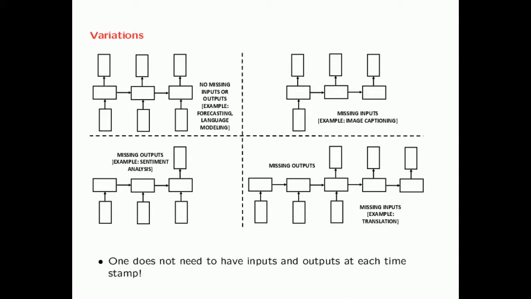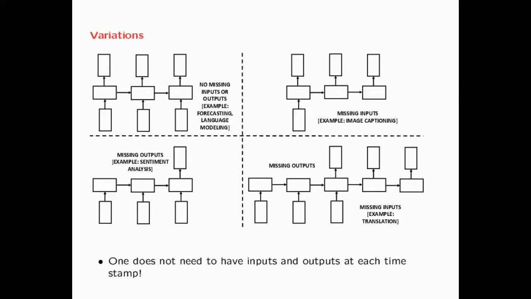And the caption of an image can vary with the image at hand. And then on the lower left, what you see is the example of sentiment analysis, where you have a sentence of variable length, so you have inputs, but you have missing outputs. You only have a single class label at the very end. After you see the sentence, you will say, this is a positive sentiment or a negative sentiment.